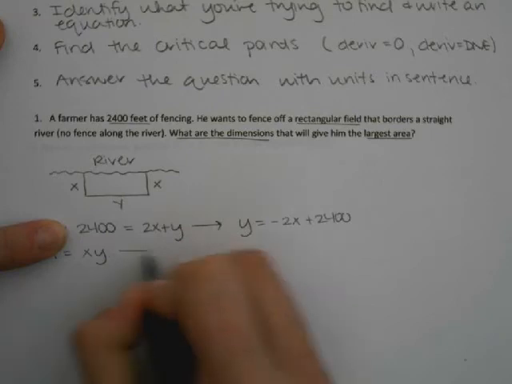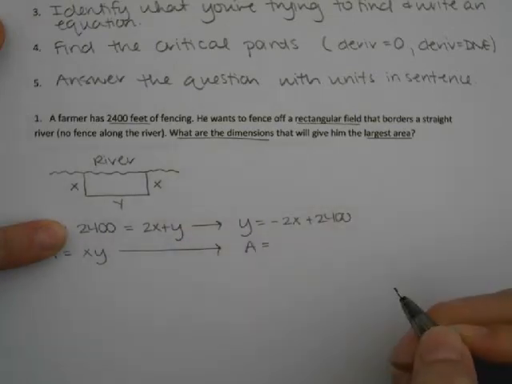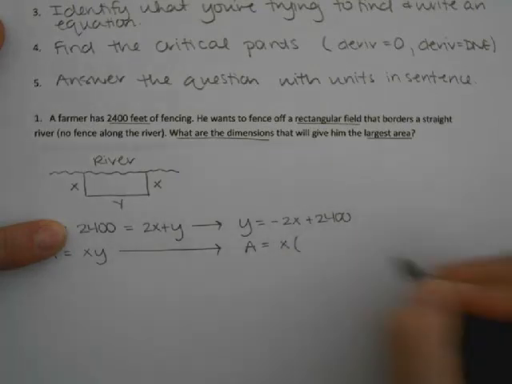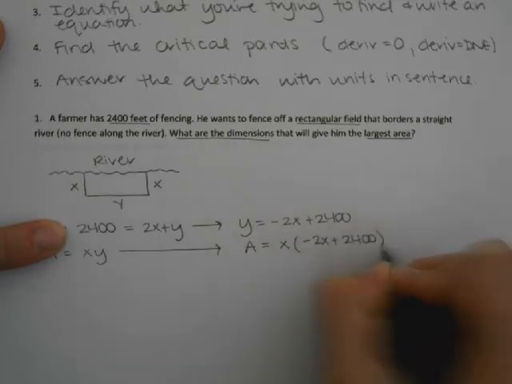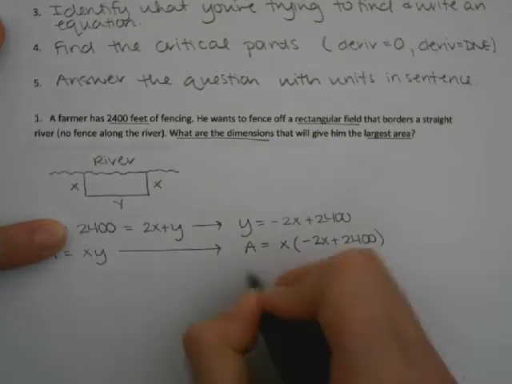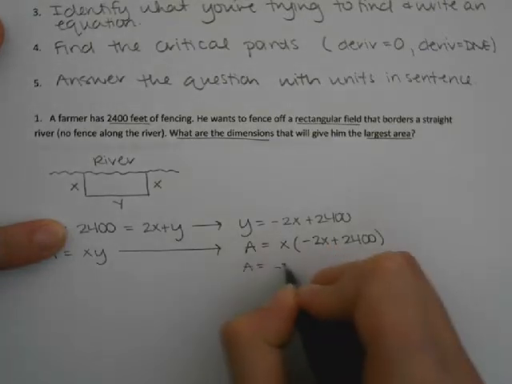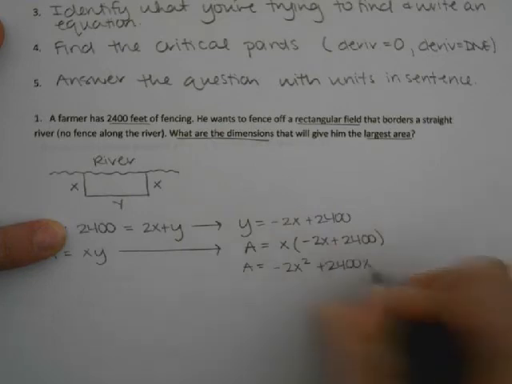And now at this point, I can make a conclusion and say that the area of this field would be x multiplied by y, and instead of writing y, I can replace it with what I solved for y to equal. So the area of the field is going to be negative 2x squared plus 2,400x.